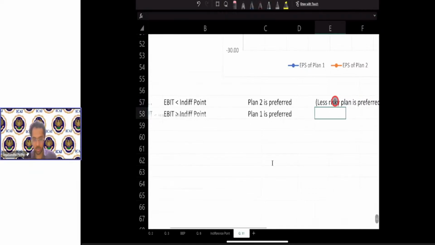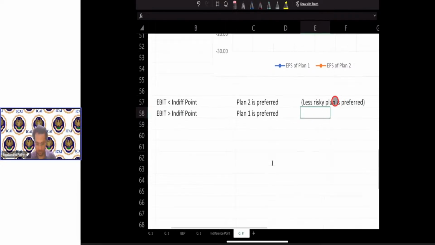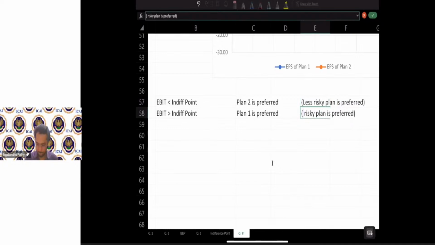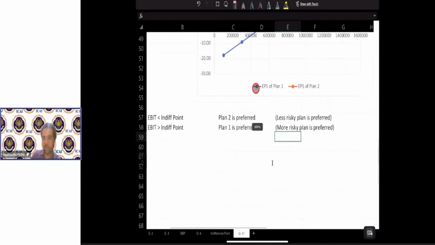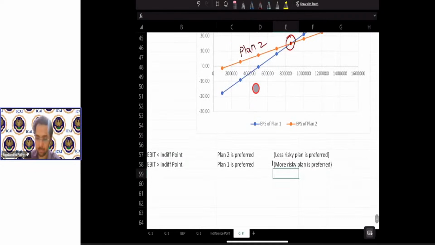And when your EBIT is greater than the indifference point, the more risky plan is going to be preferred. So the indifference point is actually a cutoff between the risky plan and the non-risky plan.